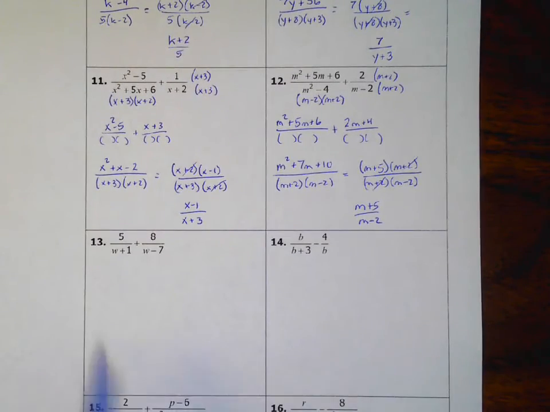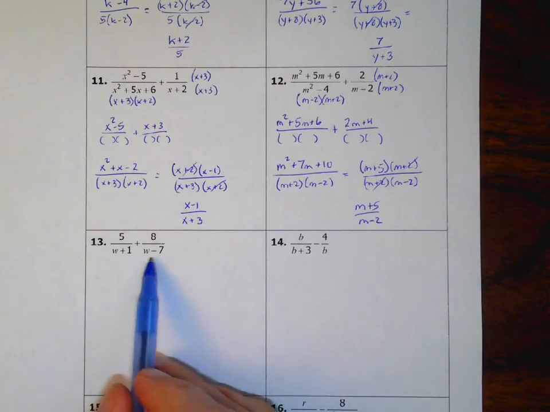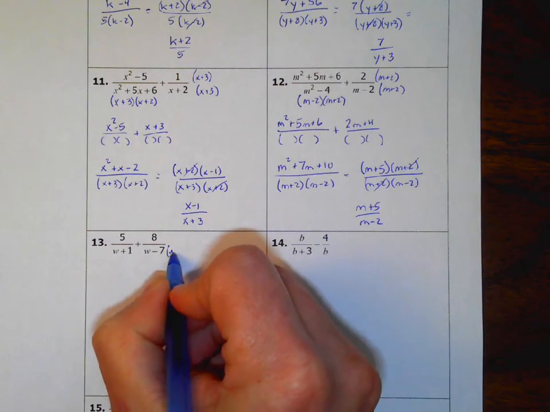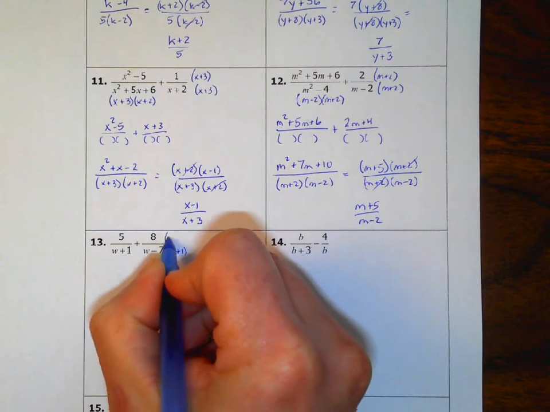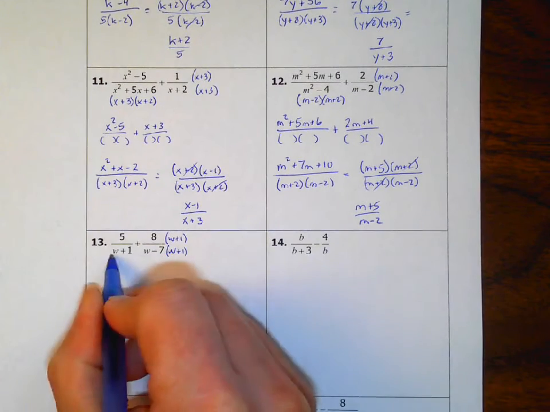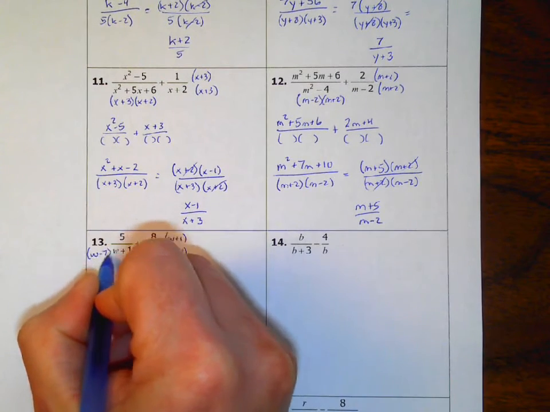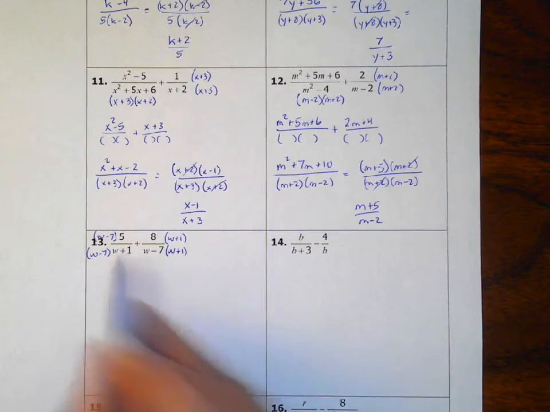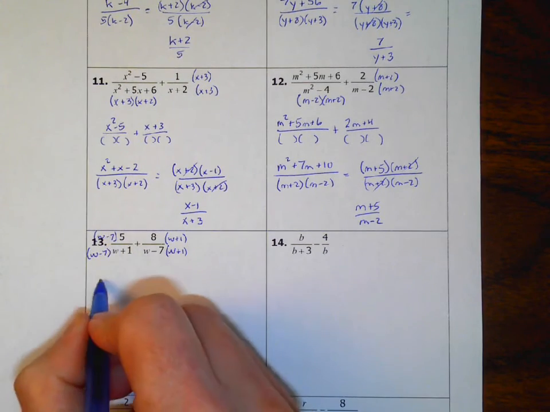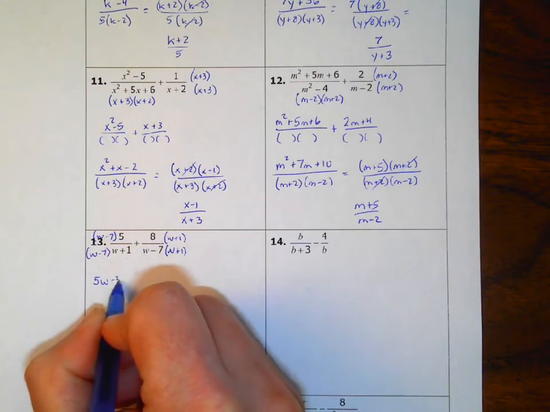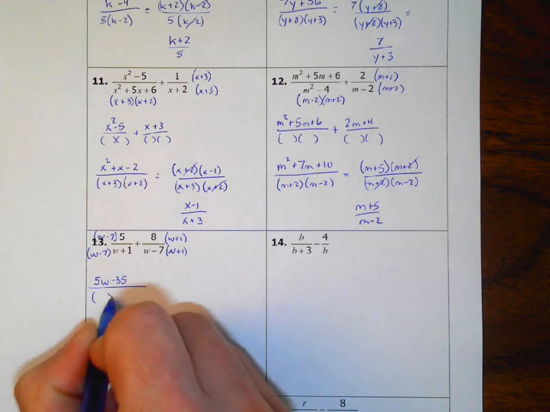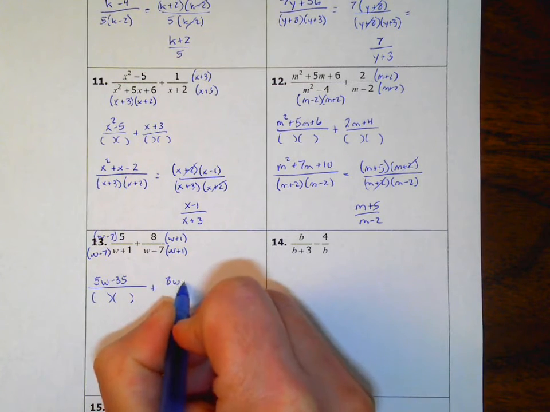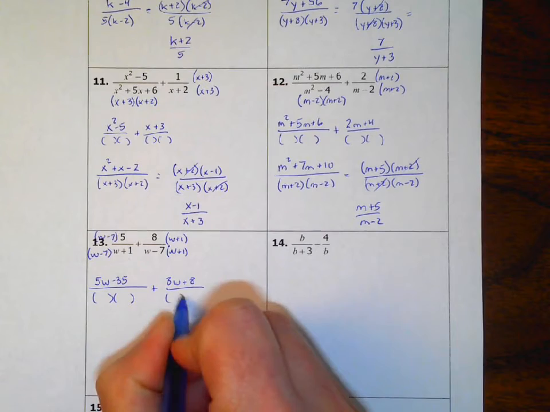Okay, now 13. Looking at these, can't factor them at all. So the only thing I can do is multiply this side by w plus 1, multiply this side by w minus 7. And now notice I have common denominators. So on the top, I'll have 5w minus 35 over w minus 7 and w plus 1, and I'll have 8w plus 8 over the two denominators.